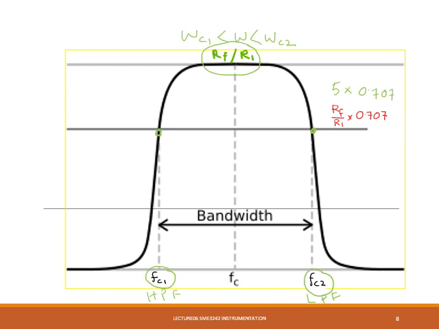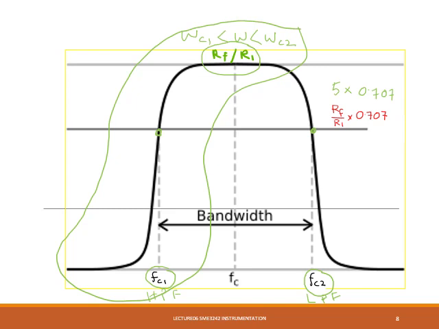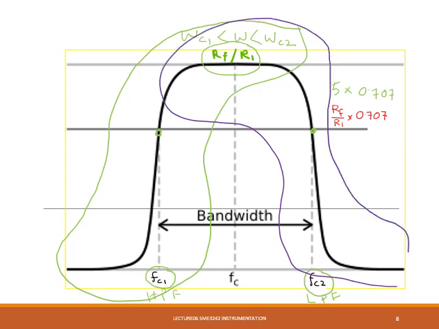Lastly, if you notice in this response graph, it is actually a combination of the response for high pass filter and low pass filter. For this side, it is similar to the high pass filter response. And if we consider this side, it is the response for the low pass filter part.